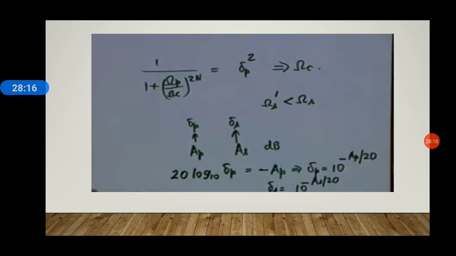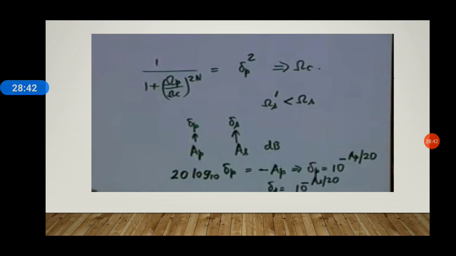That means del p is equal to 10 to the power minus AP by 20, and del s is equal to 10 to the power minus AS by 20. That means in the problem, whenever you are given AP, AS, omega p, omega s, convert AP, AS into del p, del s. Once you know del p, del s, omega p, omega s, try finding out n and omega c.